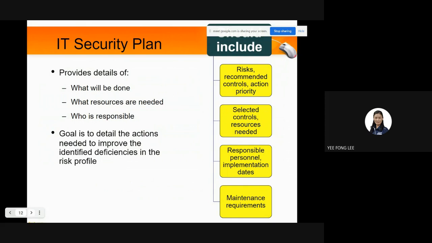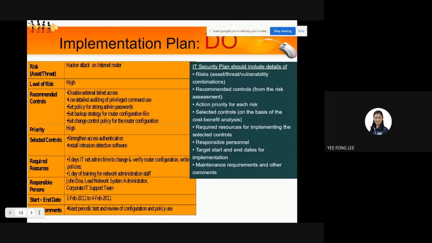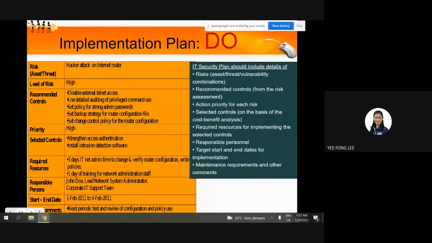Next, we look at the implementation plan here. These details are summarized in an implementation plan table, the one that you look at on the screen. This table illustrates an example implementation plan for the example risk identified. Spend a moment looking at the table.